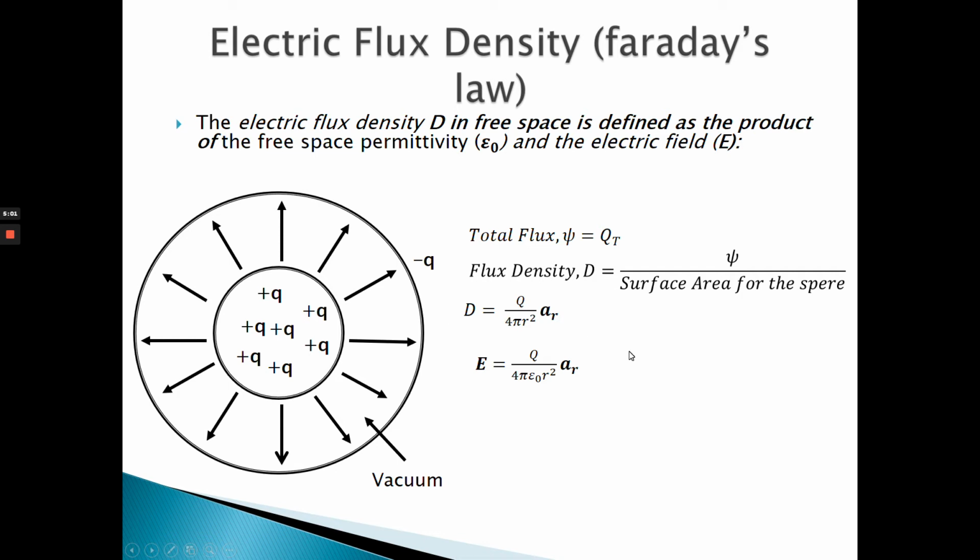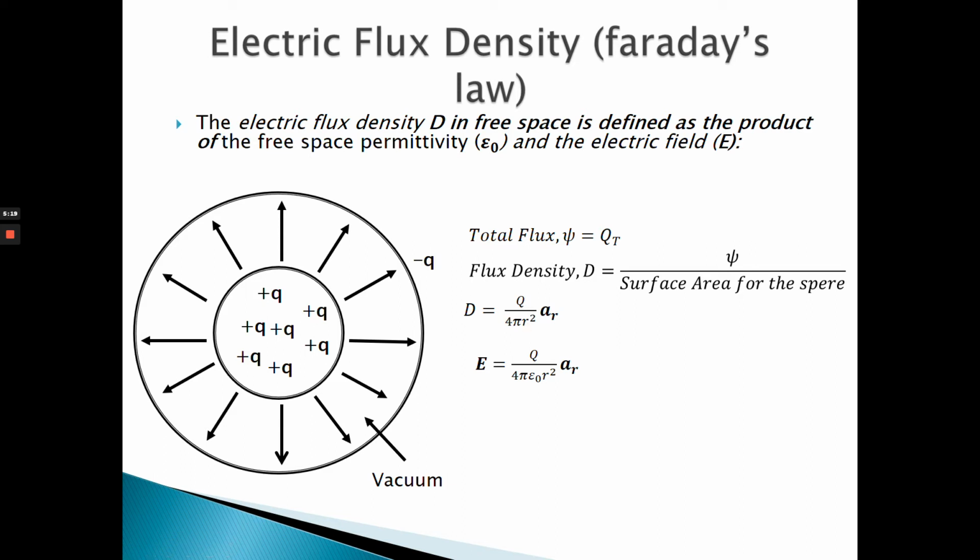The surface area is 4 pi r squared, and since it is a vector, we need a unit vector in the r direction.